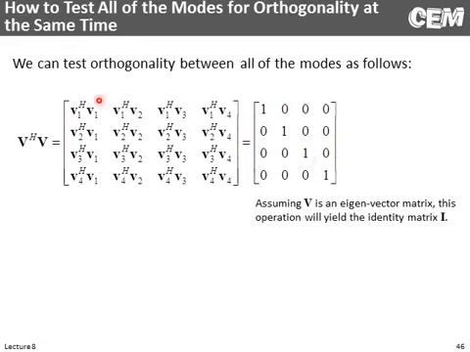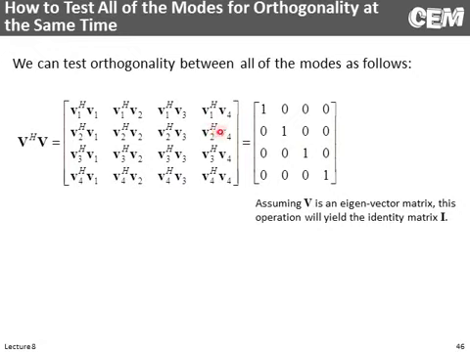Let's look at why that is. In this first position, we have V1 compared to V1. So we're comparing V1 with itself. Clearly that's going to give us a 1 because it's the same mode. And in fact, if we look down the diagonal, we're comparing V2 with itself, V3 with itself, V4 with itself. So they're always going to give us 1s. Everything else, we're comparing two different eigenvectors.